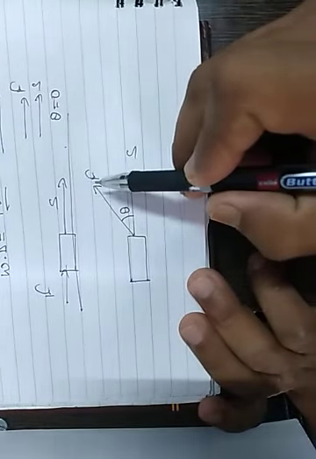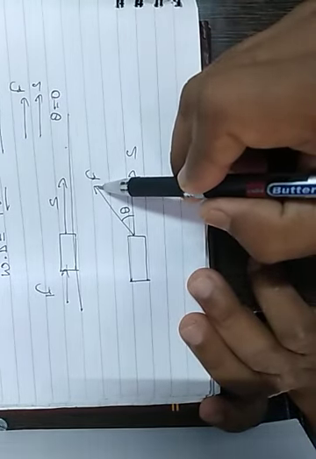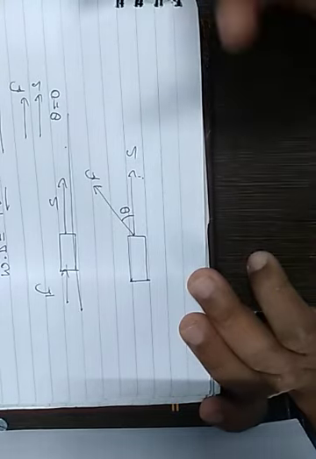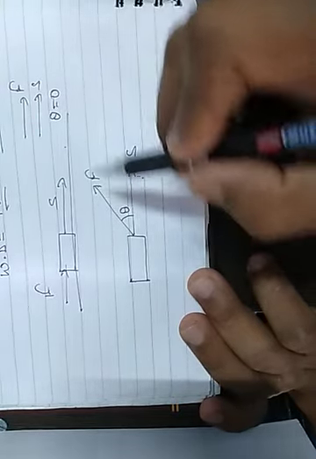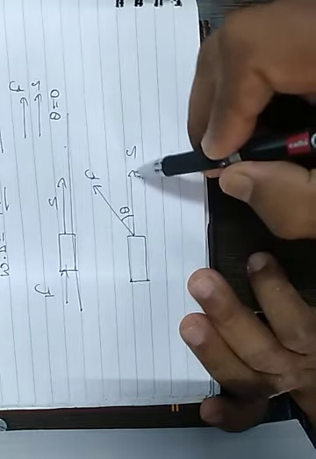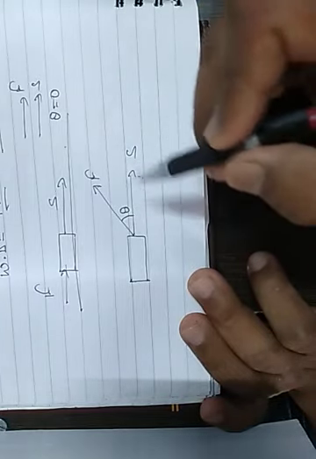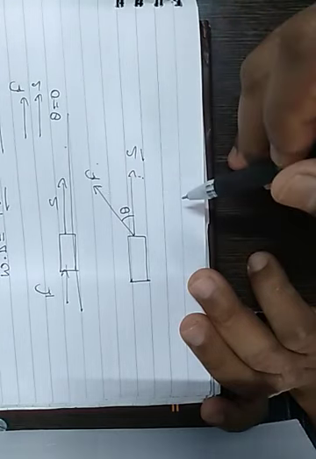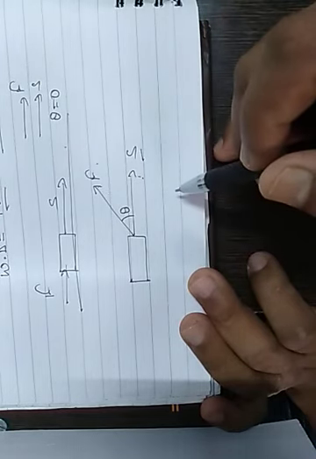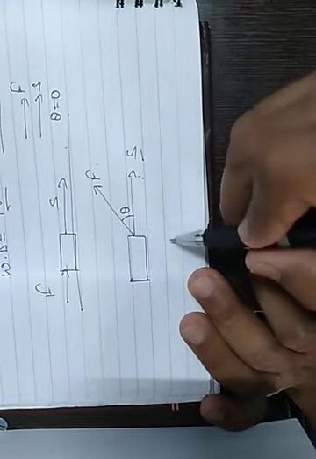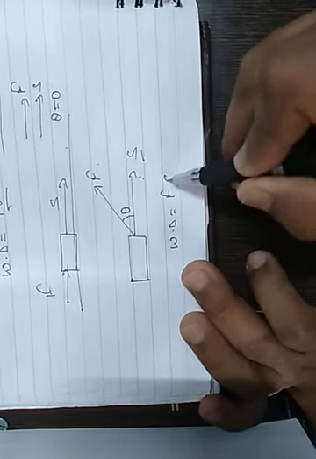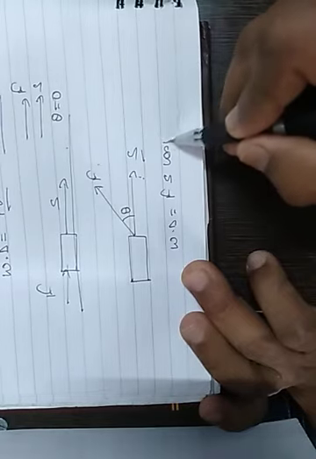And you will study in higher classes that the component along S is F cos theta. So the work done now becomes F, S and cos theta.